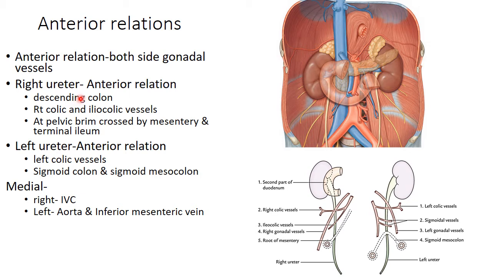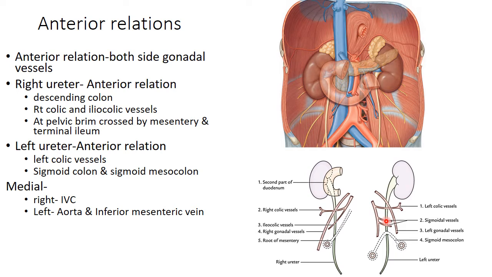Here we can see the descending duodenum, right colic and ileocolic vessels. At the pelvic brim, it is crossed by the mesentery and terminal ileum. So here, this is the area where it is lying on the pelvic brim. It is crossed by the mesentery and terminal ileum.